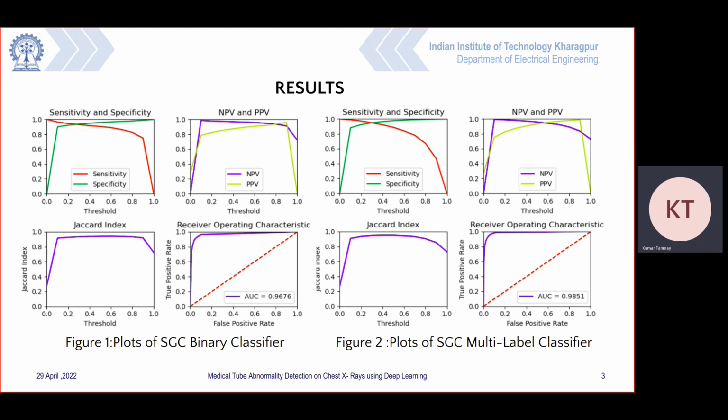Here we can see that the AUC score of a multi-label classifier is better than the binary classifier, as the multi-label classifier models are trained taking into consideration all the tubes simultaneously, which helps them to learn better distinctive features compared to the binary classifier, which is trained for predicting a single individual tube.